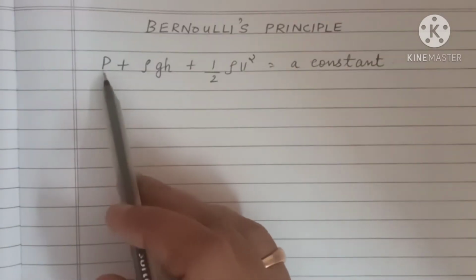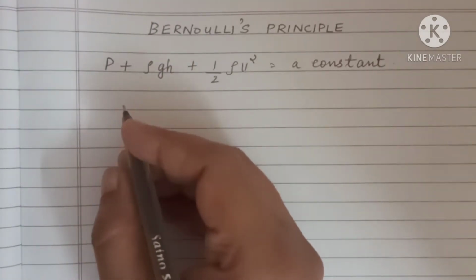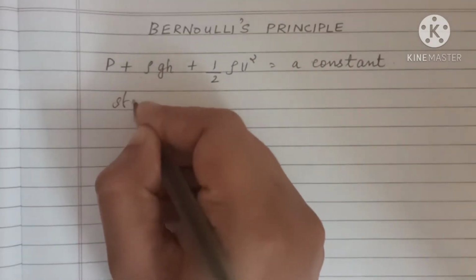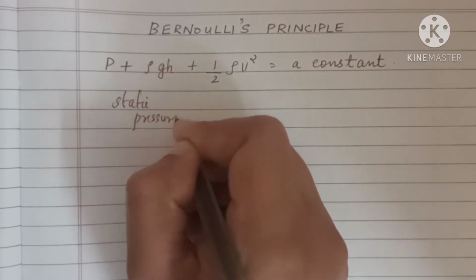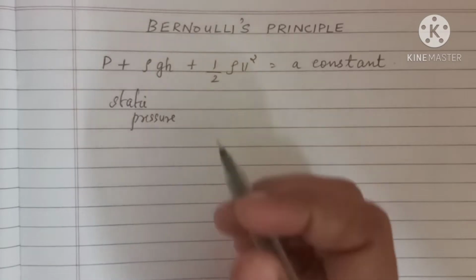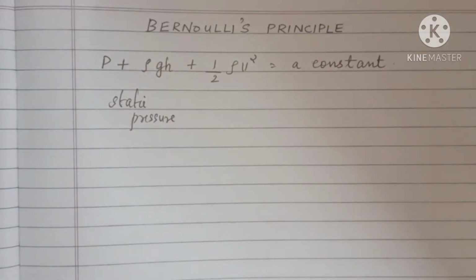In Bernoulli's equation, this term, P plus rho gh, can be called the static pressure, which means the fluid pressure when the fluid is at rest.